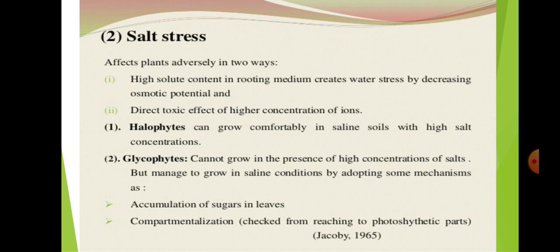of ions. On the basis of salt stress, plants are categorized into two groups, halophytes and glycophytes. Halophytes can grow comfortably in saline soil with high salt concentration because they have a special kind of adaptation so that they can easily survive in high salt concentration.